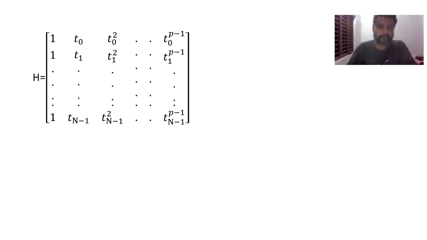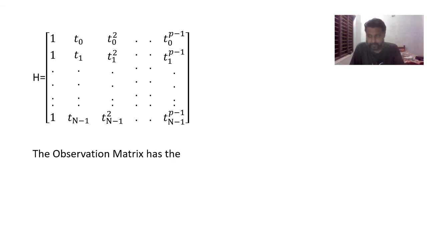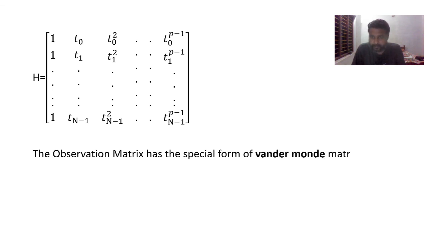That is an n cross p matrix. This observation matrix has a special form and can be represented as a Vandermonde matrix.